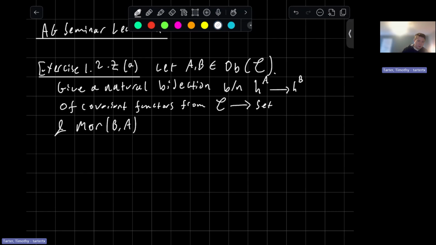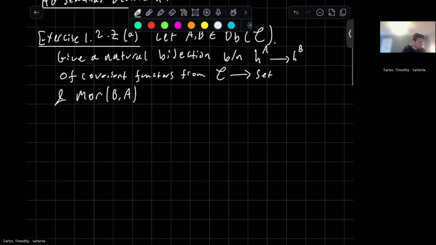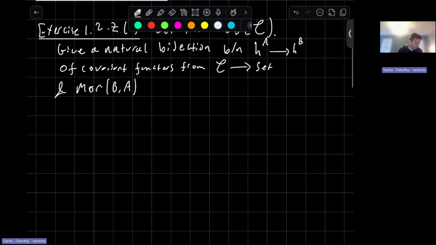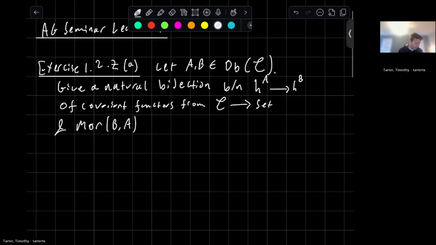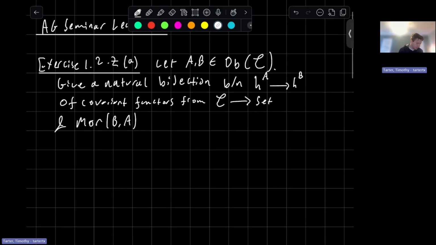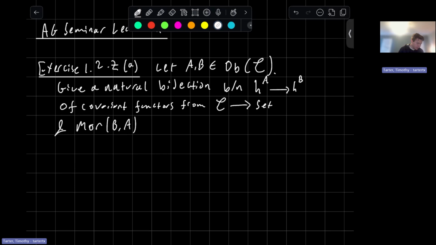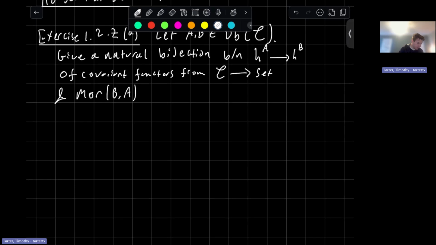Okay, so this shouldn't be too bad. We're recalling that h^A is the representable functor.